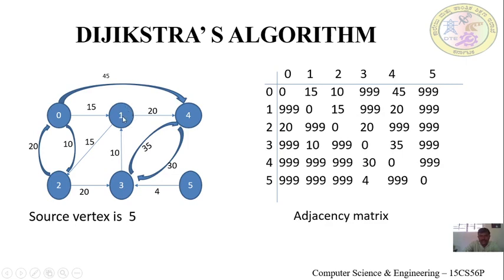And then after reaching 1, we need to find the distance of 1 to 4, similarly 1 to 2, because 4 has a directed edge and 2 has a directed edge through vertex 1.